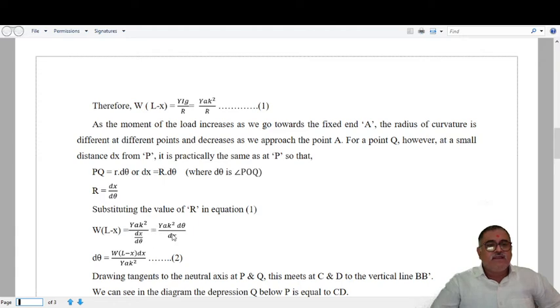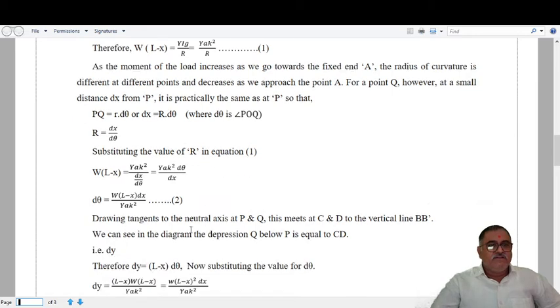Therefore EI into d theta by dx, and therefore d theta equals w(L minus x) dx divided by EI.